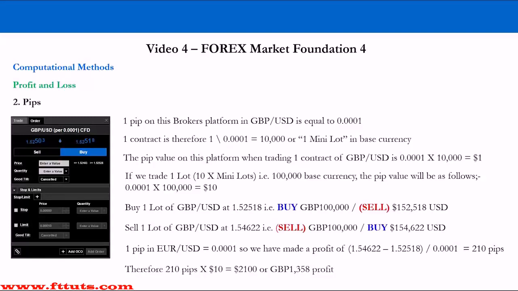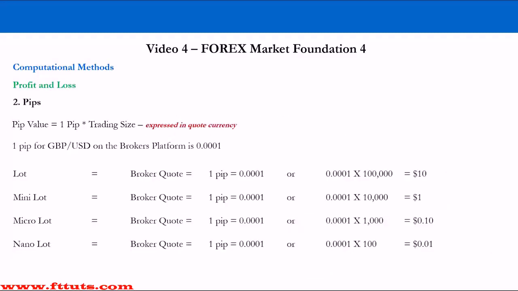So calculating profit on a currency pair by using pips and working out the pip value in the quote currency is pretty straightforward as well. And the way you can apply this across all trading platforms is by anchoring or taking the broker's own pip value on their platform and applying it across the currency sizes.